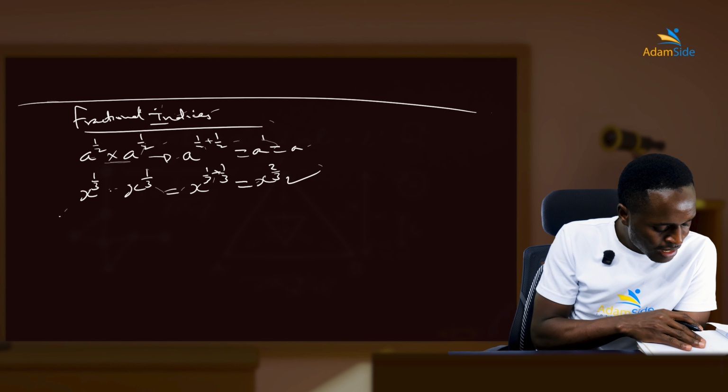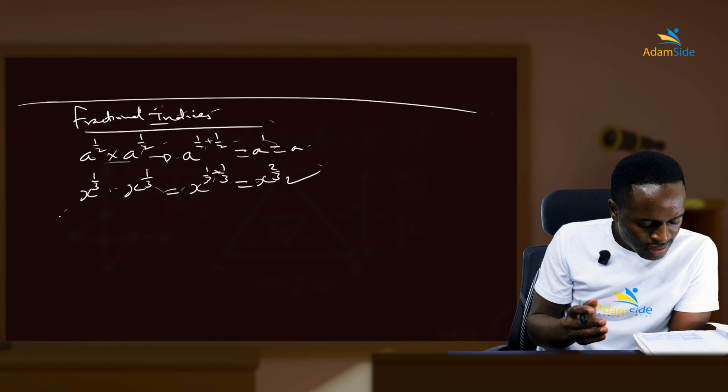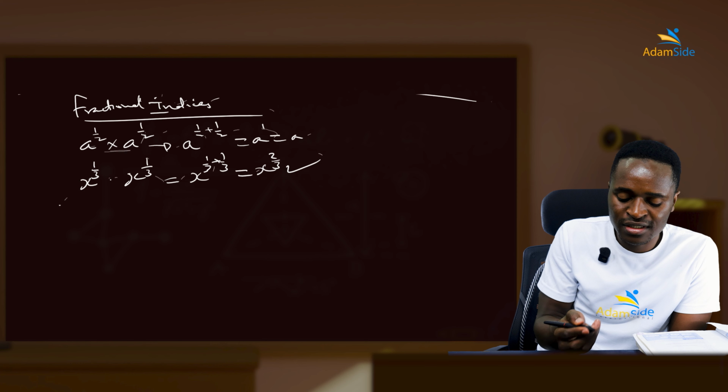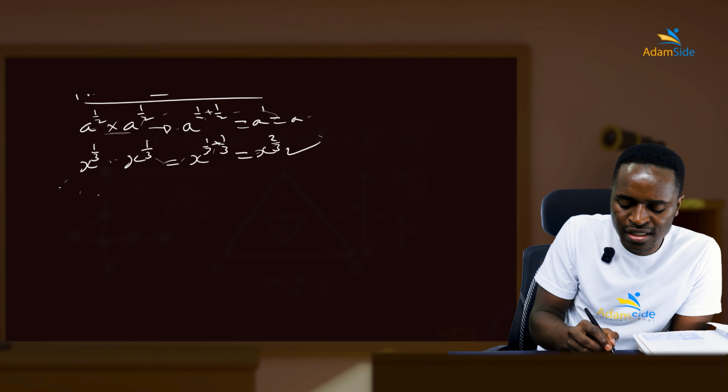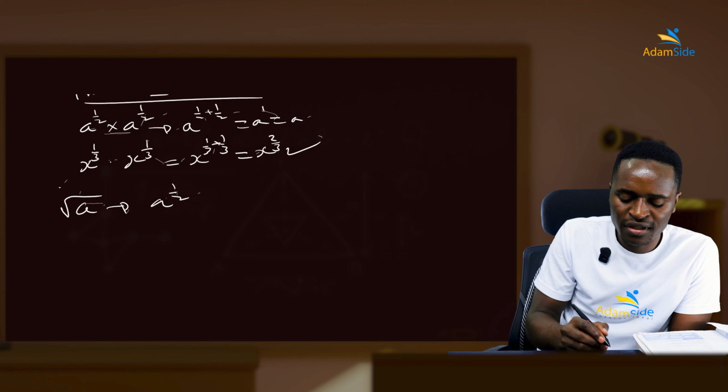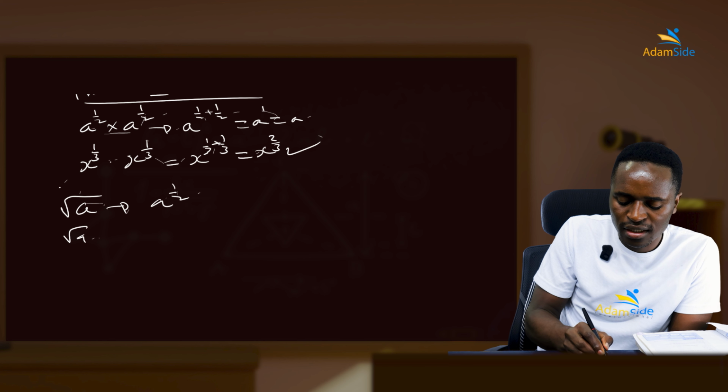Very good. Now we also need to understand other fractional indices. For example, the square root of a can also be represented as a power a half. So if you have the square root of 9, this can be represented as 9 power a half.